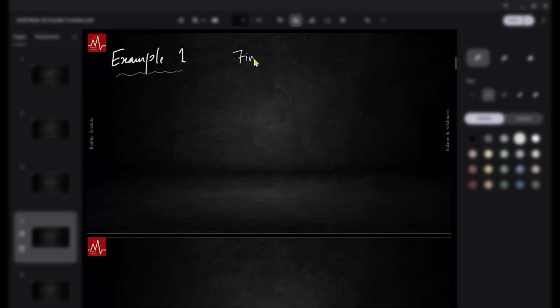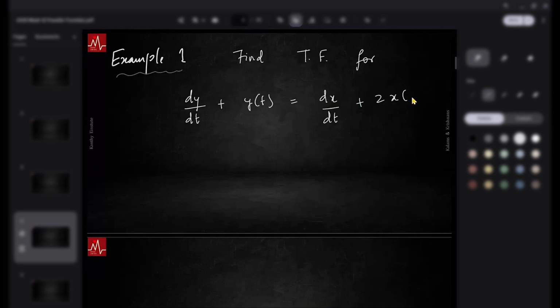Find the transfer function for a differential equation. Let's say dy/dt plus y(t) equals dx/dt plus 2x(t).